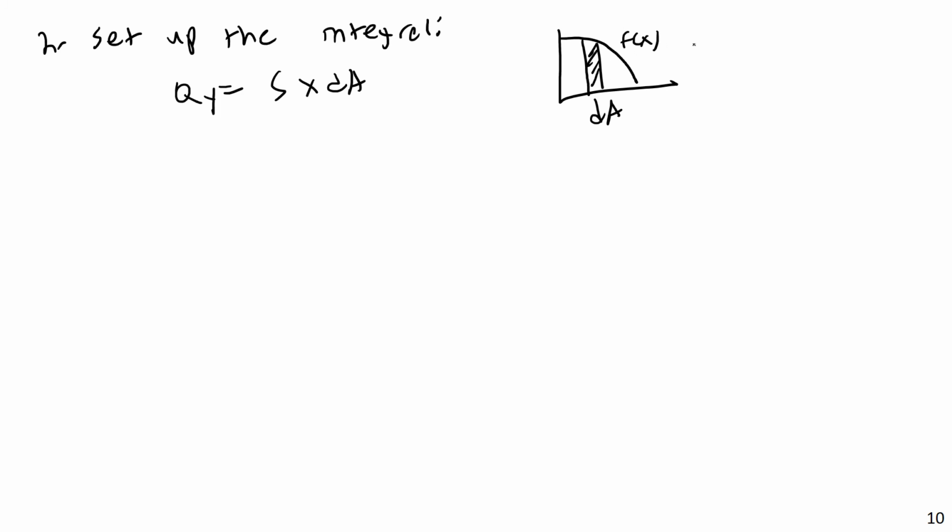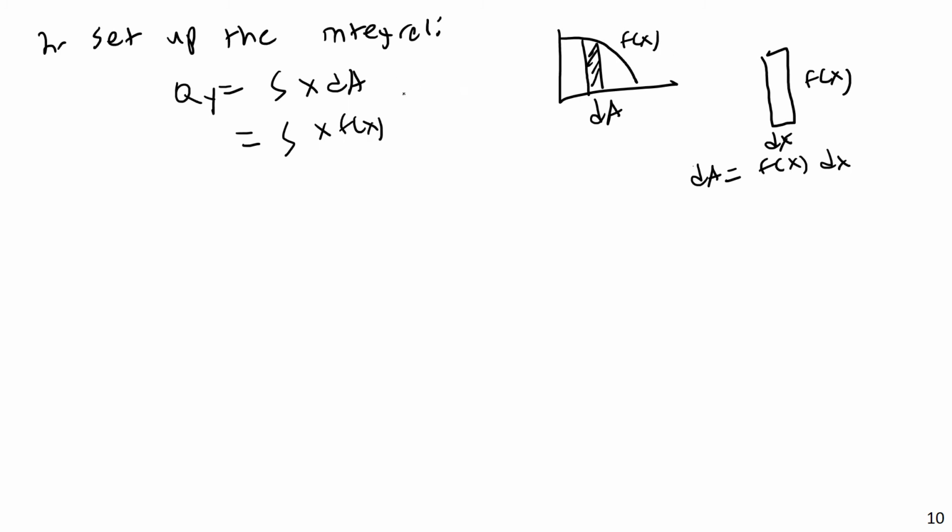And if you look at this differential element here, or that slice of the area under the curve, we have a base width of dx, and a height of f of x. So therefore, dA, the little differential element, is equal to f of x times dx. And this dA is what you plop into your formula. So for this case here, it would be equal to the integral of x times f of x, the y value as a function of x, times dx.